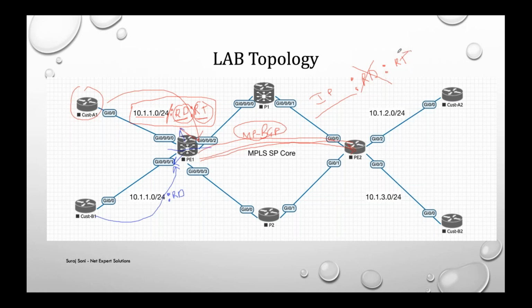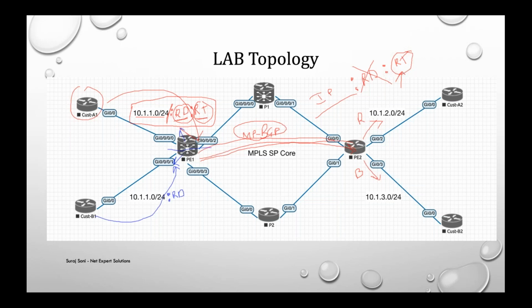I will look into the RT value. That RT value defines where the destination is, because here also there are two VRF routing tables, one red and the other blue. Whether to send this packet into red or blue is based on that RT value.